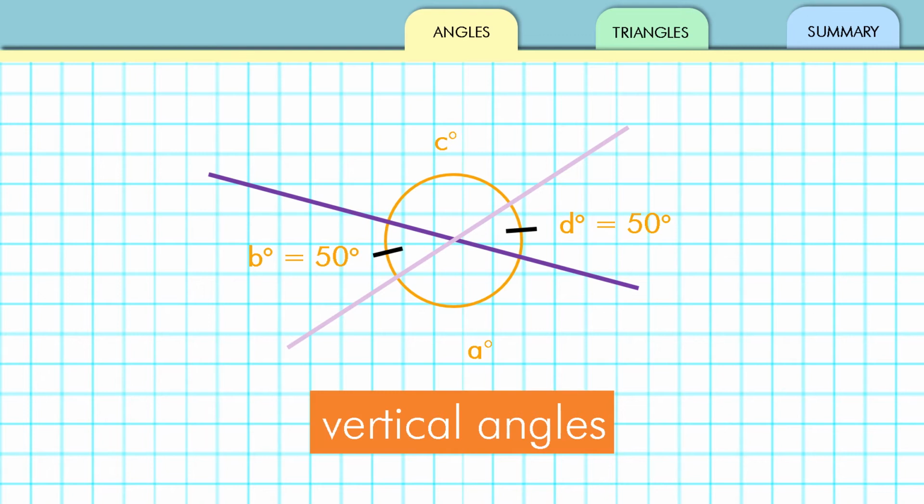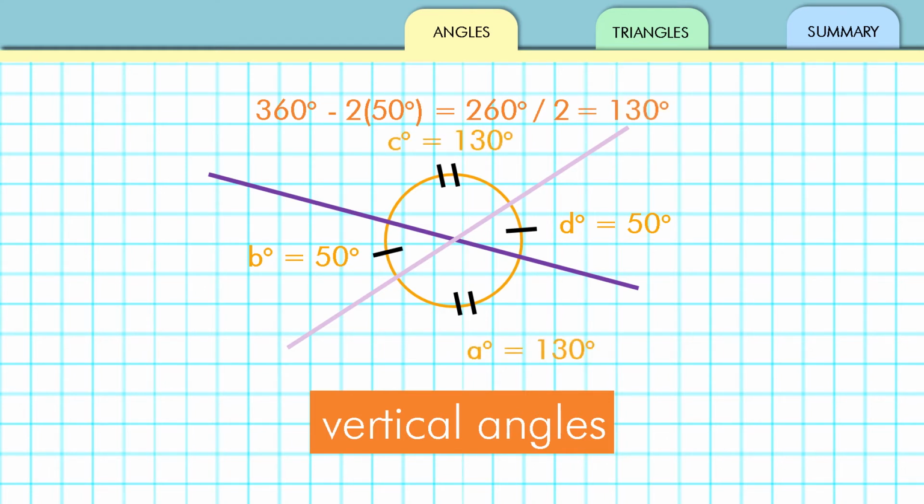So what's left for angles A and C to share is 360 degrees minus 100 degrees, and that is 260 degrees. Angles A and C are also vertical angles, meaning they share the same measure. So we can just divide 260 degrees by 2 and find that angles A and C each measure 130 degrees.